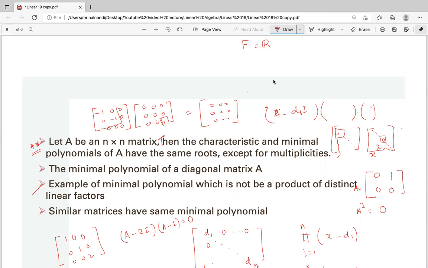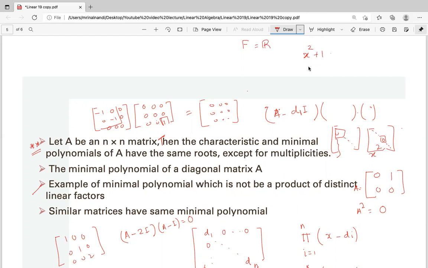That was a mistake in the previous video. We can't say i and minus i. So if the characteristic equation is like that, and our field is R, then we can't say i and minus i are the characteristic eigenvalues or characteristic roots. The characteristic root, by definition, should be in the same field.